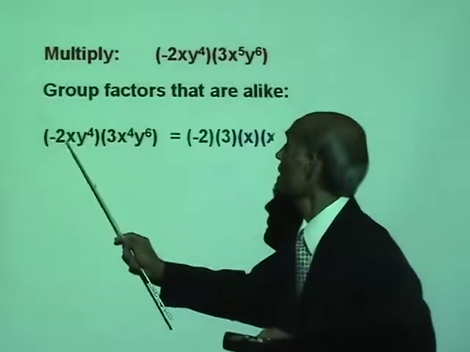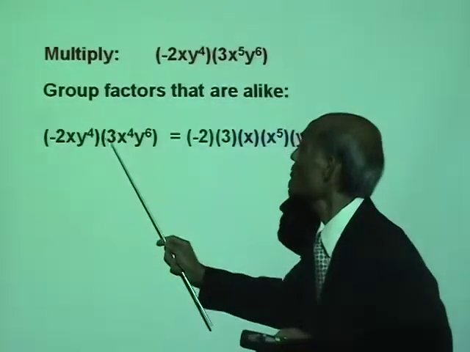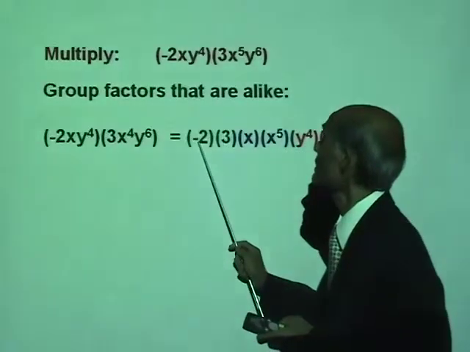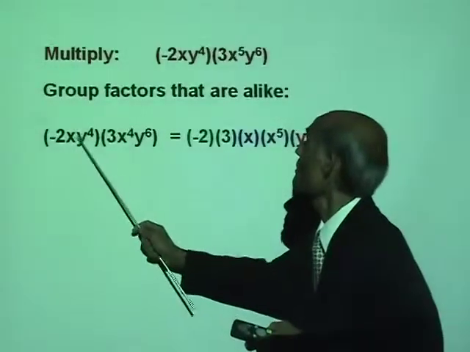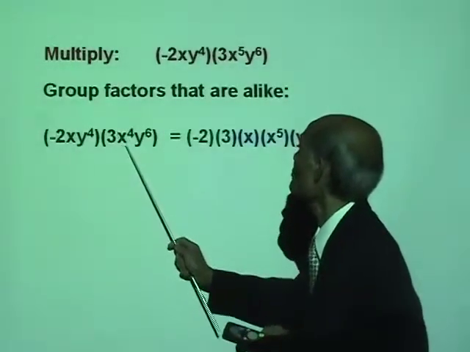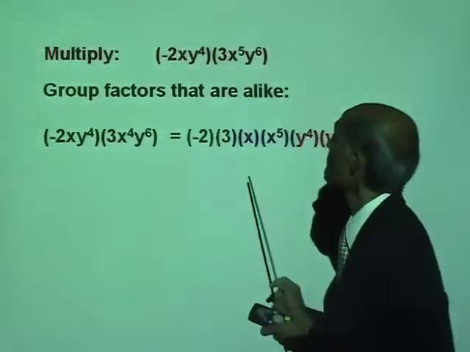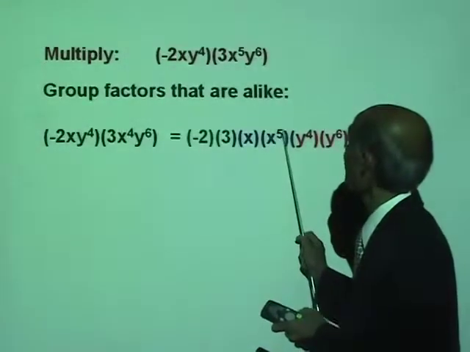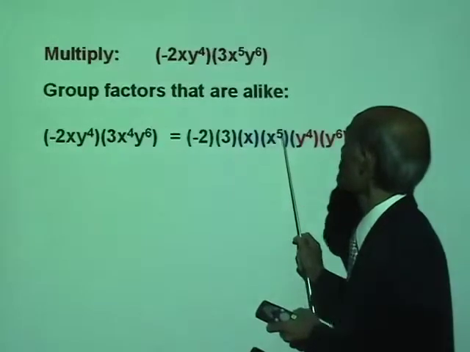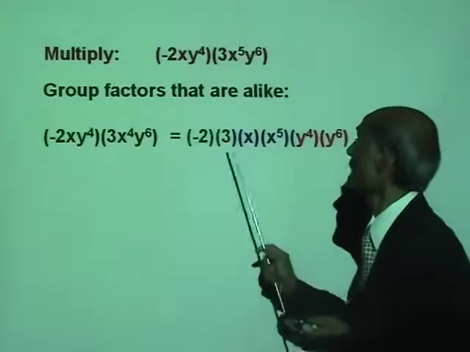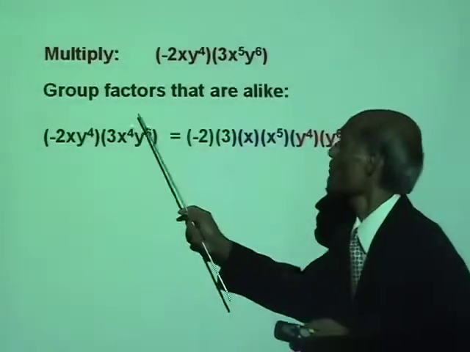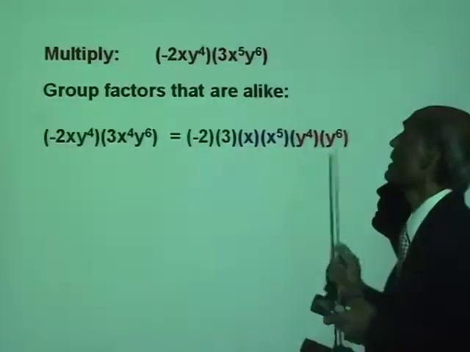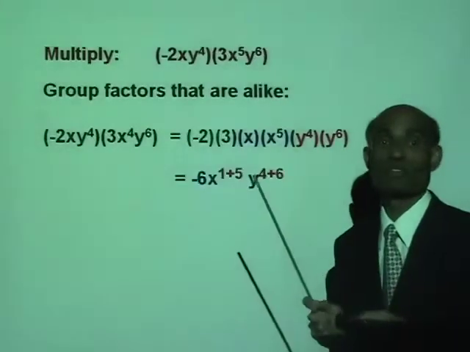That will be negative 2 multiplied by 3, then x multiplied by x to the power of 4. Well, that is x multiplied by x to the power of 4. That's not x to the power of 5. Now, times y to the power of 4 multiplied by y to the power of 6.